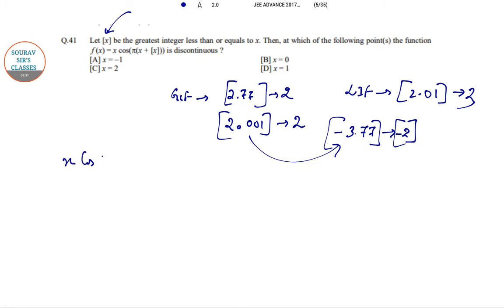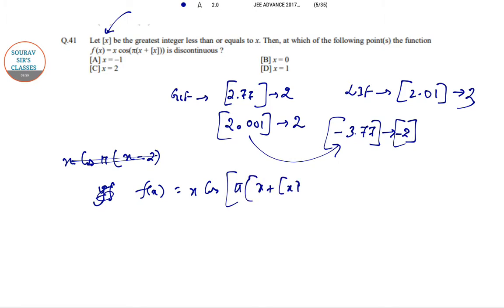If we take x cos of pi x at -2, or if we take the plus and minus sides, f(x) is x cos of pi times (x plus GIF of x), if this is the pattern they have given.